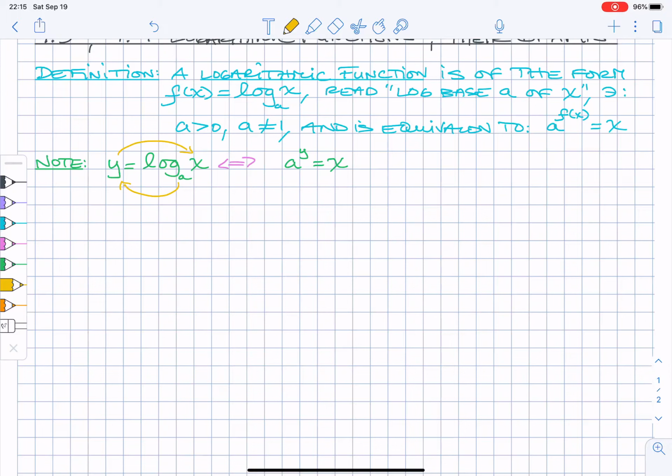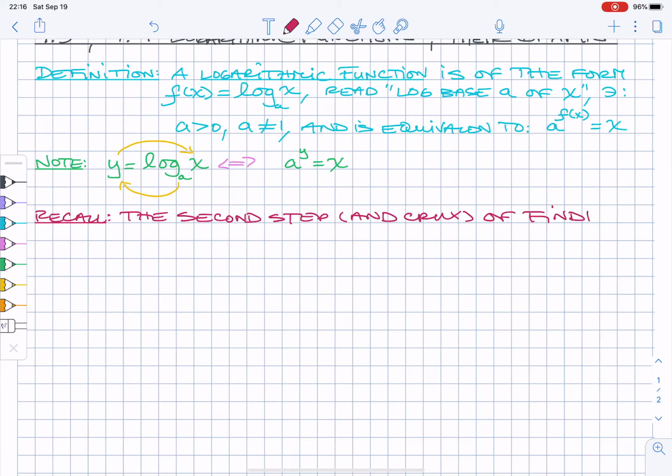Okay. So recall the second step, the crux of finding the inverse of a function f of x, is to swap x and y.